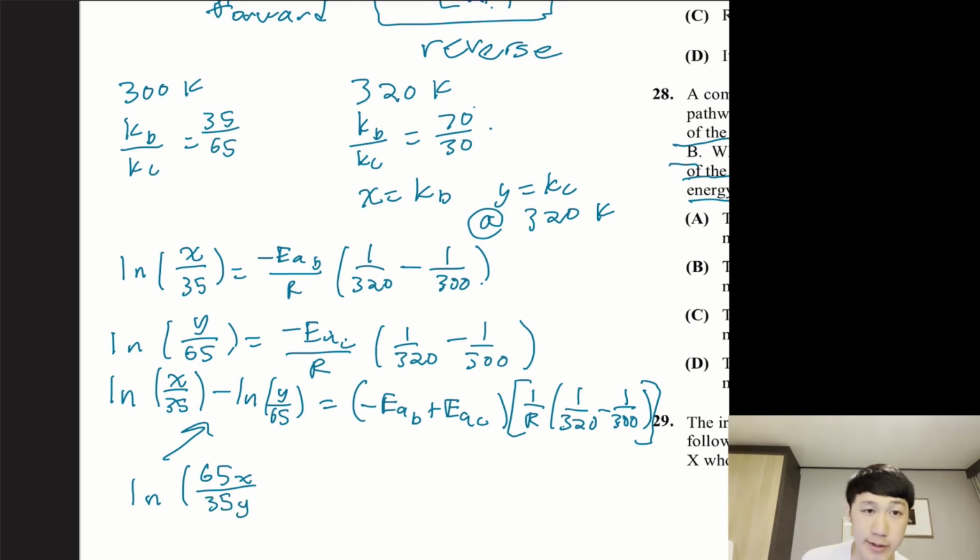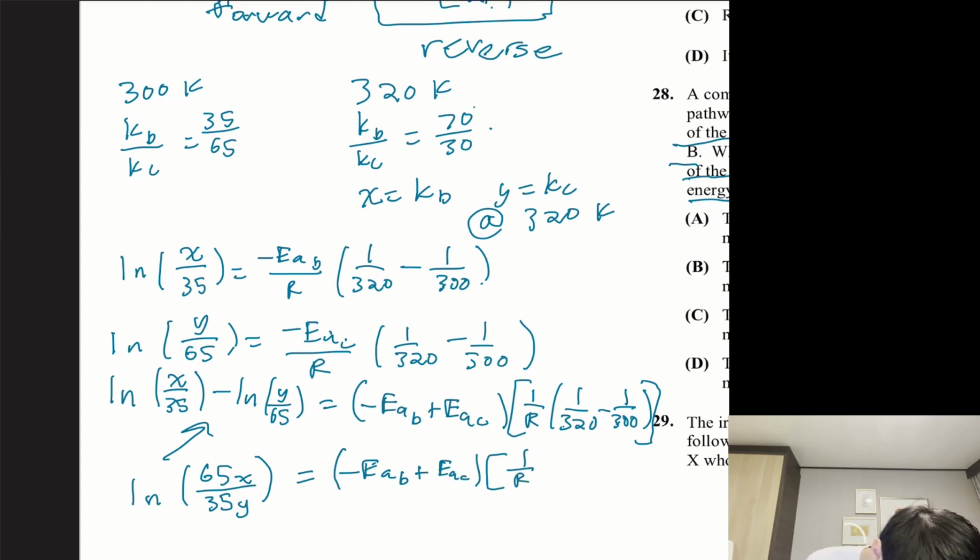When we subtract two logarithms, we can divide our arguments, and that's what we have here. And that equals negative EAB plus EAC times 1 over R times 1 over 320 minus 1 over 300.